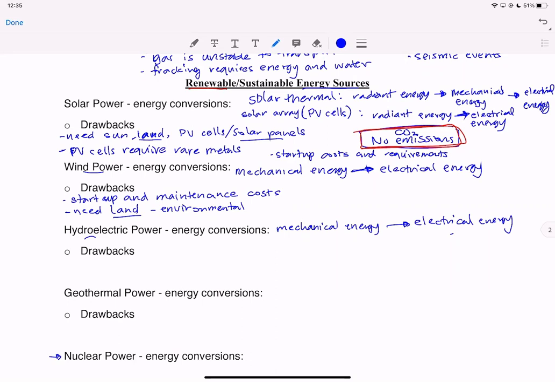So this is sustainable, it's renewable, there's no carbon dioxide emissions because it's not a reaction. There's no pollutants, but you need a river. So not all countries have a big river. And so there can be an environmental cost from damming up a river.